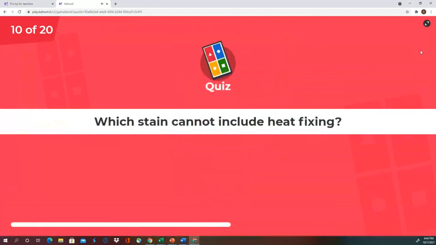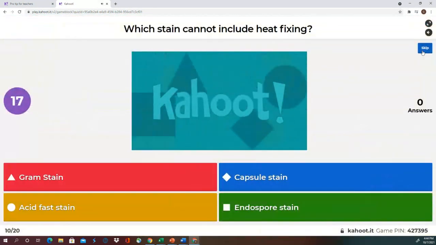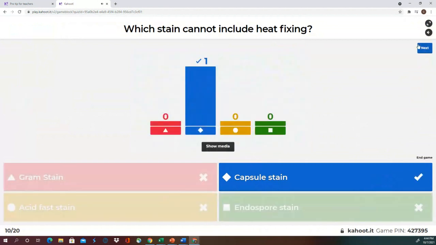All right, next up. Which stain cannot include heat fixing? So this is going to be the capsule stain, because capsules are a sugary layer, right? You don't want to subject sugars to heat, they'll disappear. But it can also cause those specific bacteria to kind of shrivel and be manipulated in such a way that you can get artificial halos when you shouldn't.